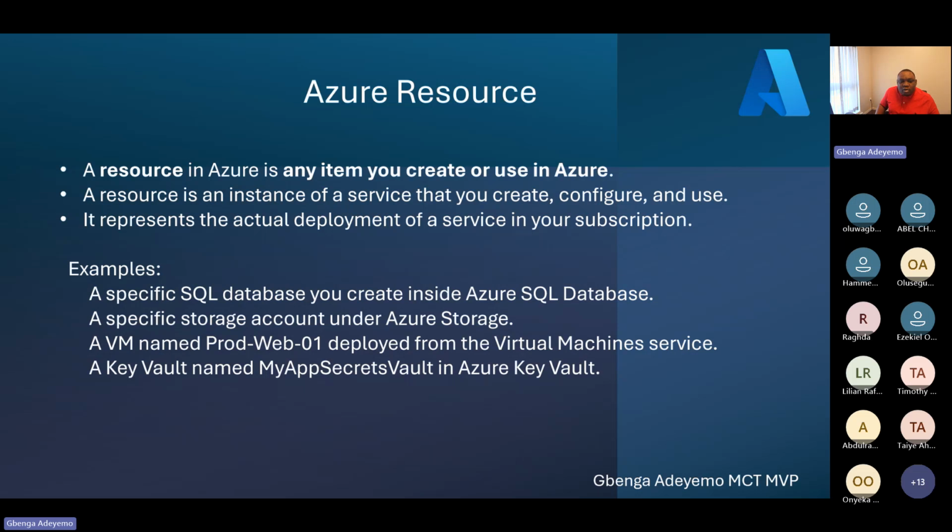That is a service that comes with the platform, things that you can do. When you now do it, it becomes a resource. Is it clear to you now? When you've not created it, it's not yet a resource. It's still a service. That means it's a capability that comes with the platform, right?